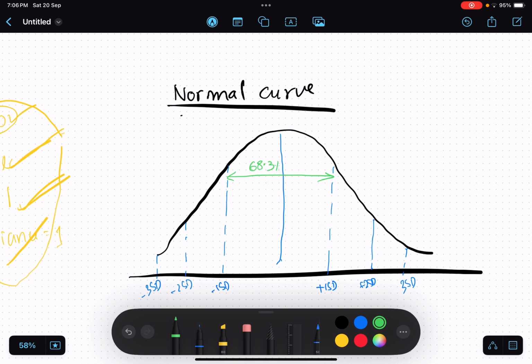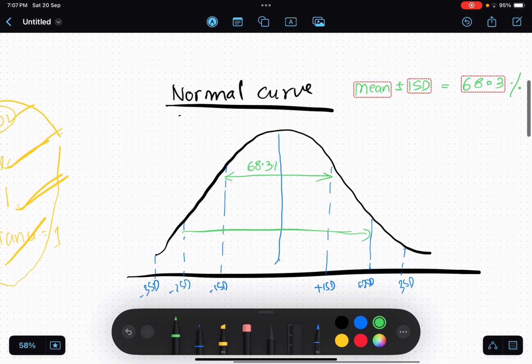If I'm talking mean, plus or minus 1 standard deviation, it is 68.3%. Mean plus or minus 2 standard deviation is going to be 95.4%.